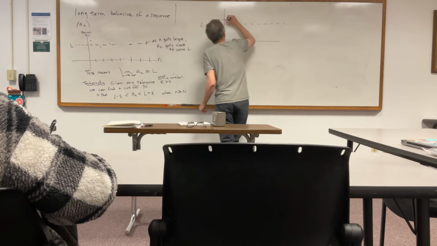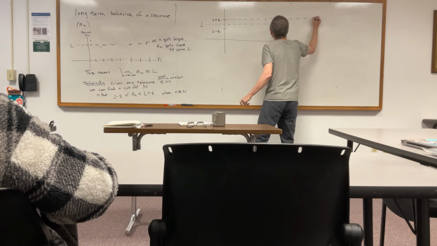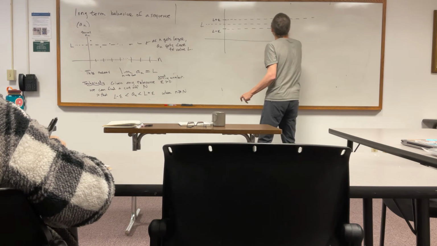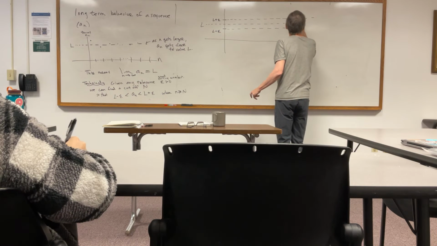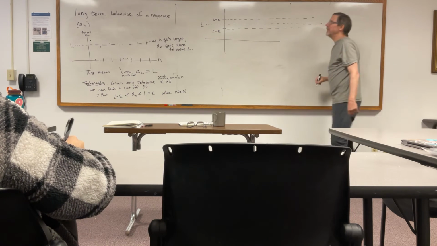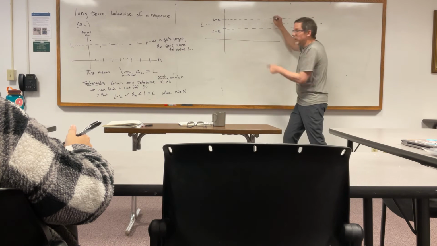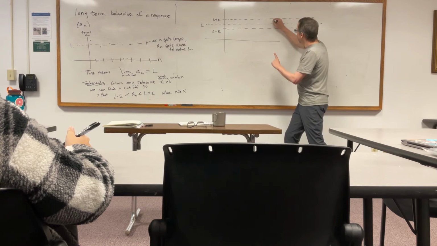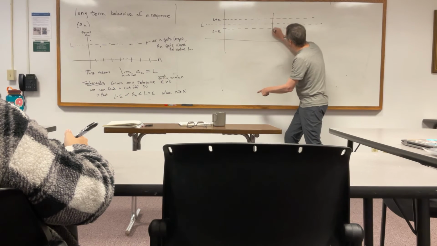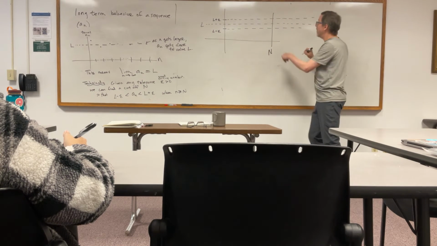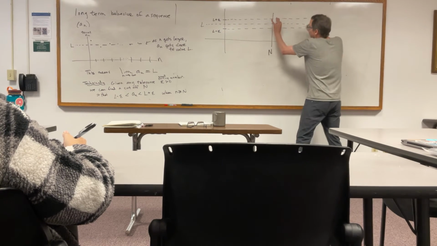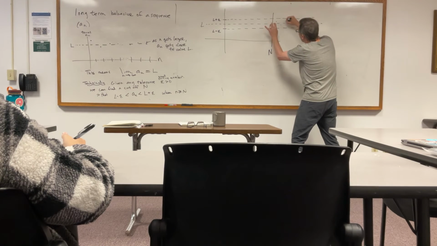In other words, if I make a little tube, and I like to call these epsilon tubes, if I make a little tube like that, can you find me a place in the future, down the line, and that is that capital N, can you find me a capital N where the sequence lives in this tube from there on out?